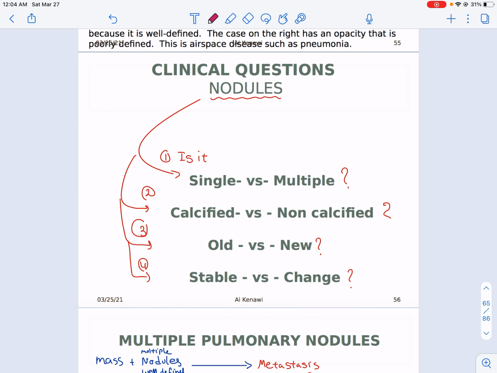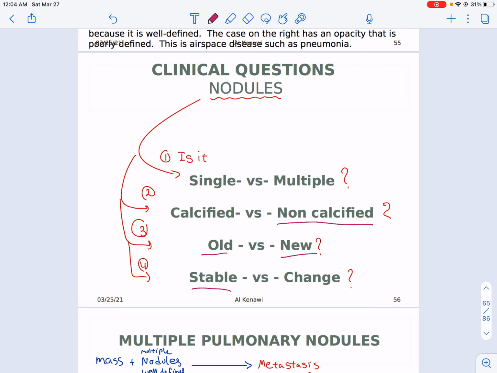These are some questions we must ask ourselves. So if we see nodules in a chest X-ray, is it single or multiple? Is it calcified or non-calcified? Is it old or new?